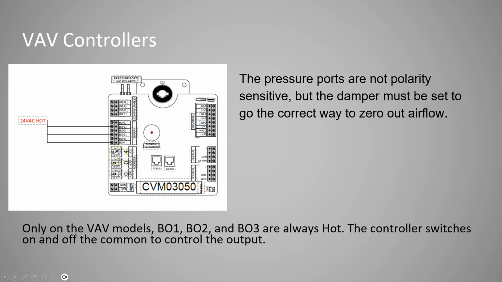When you turn on a BO, say I'm turning on BO1, this BO common right next to 1 is going to turn on, and it's going to turn on the common here, okay? So if you have a rib relay, no problem. You just hook the rib relay right up here to BO1 and BO common. You fire it, it's going to send 24 volts out, and boom, it's going to do it.